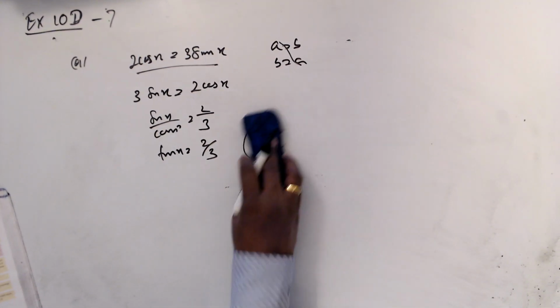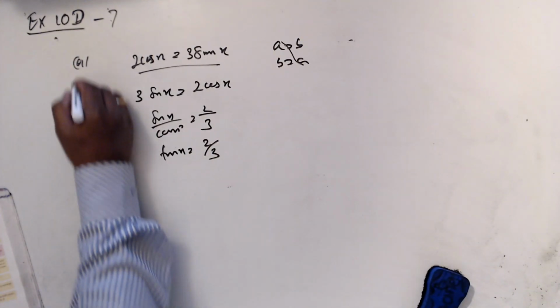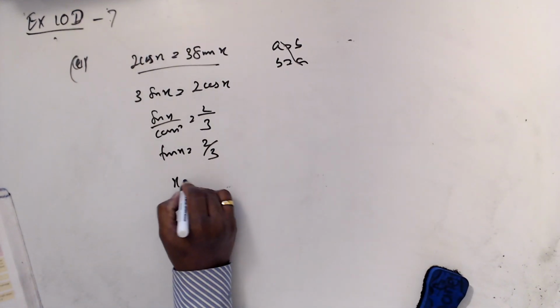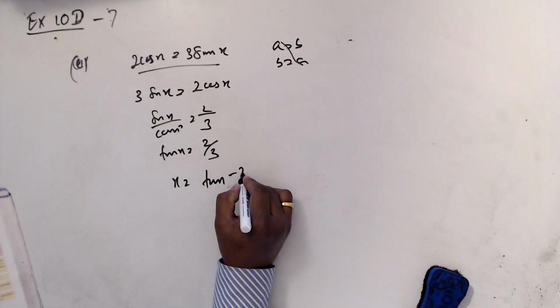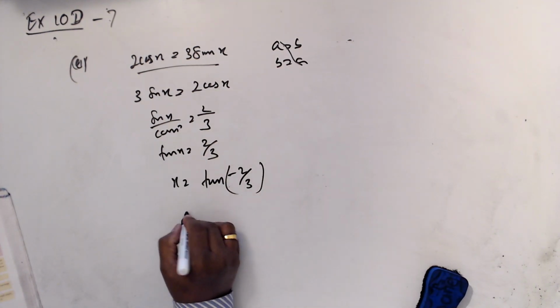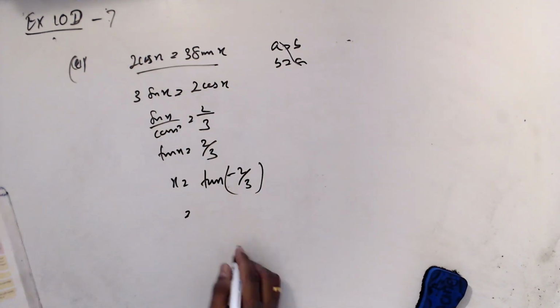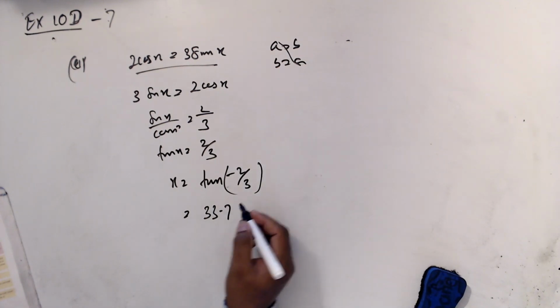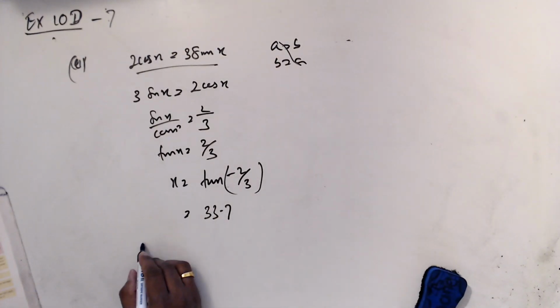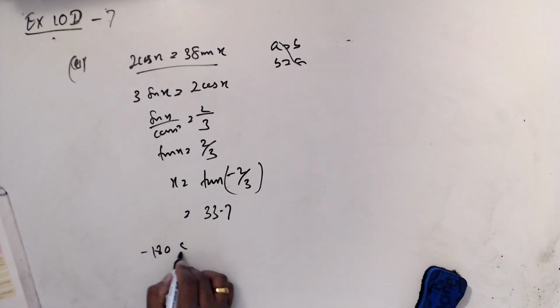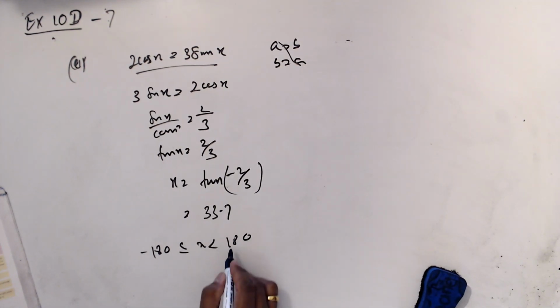And part C now, x equals tan inverse 2 over 3, which is 33.7. So we need the answer between minus 180 and 180.